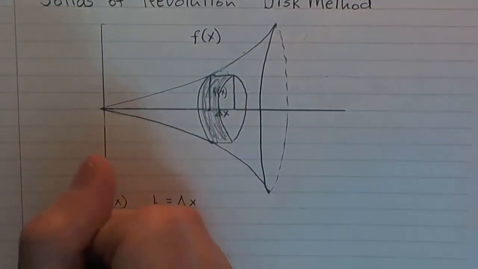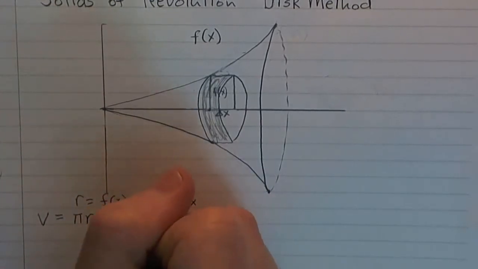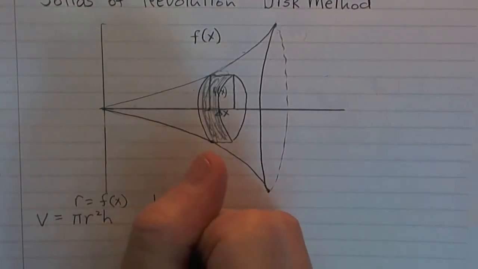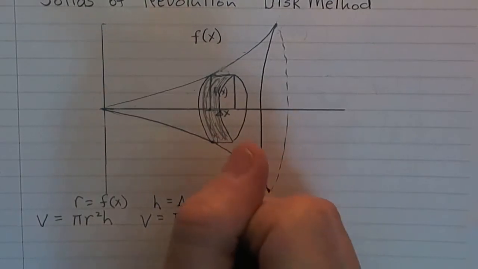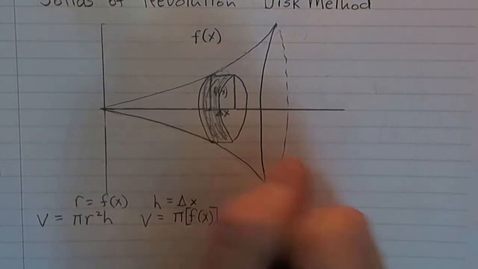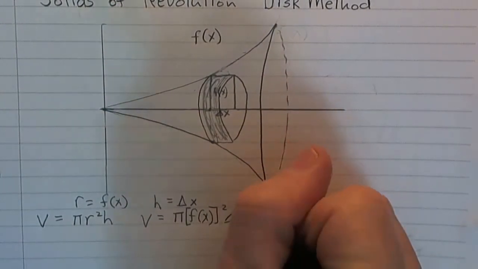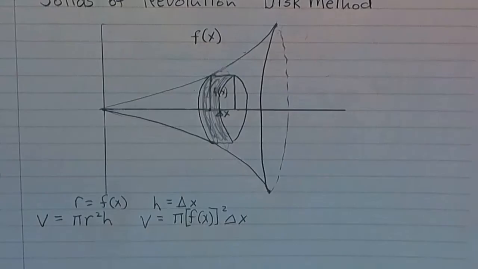The volume is pi r squared times h. Well, in this case, our volume would be pi times f of x squared times h, which is delta x. That would be the volume of this disk that we formed.